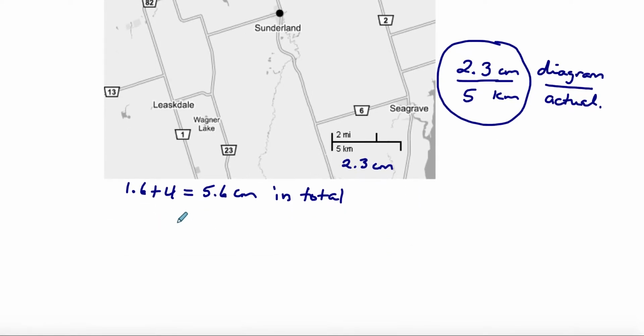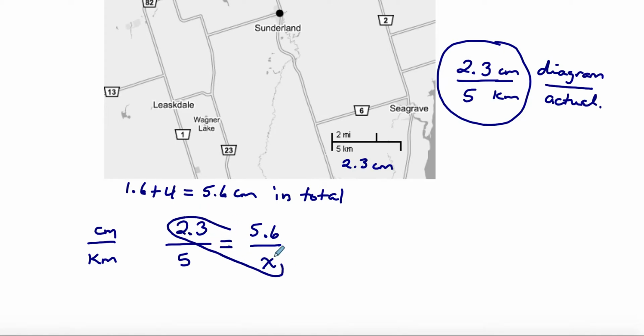So I know if 2.3 centimeters is the same thing as 5 kilometers in real life, so we're doing centimeters over kilometers, then 5.6 centimeters, how much is that in real life? If we don't know how long that is, we could put an X there. So we know the centimeters, but we don't know the kilometers. Then we can cross multiply, so 2.3 times X is just 2.3X, and then 5 times 5.6 is 28.